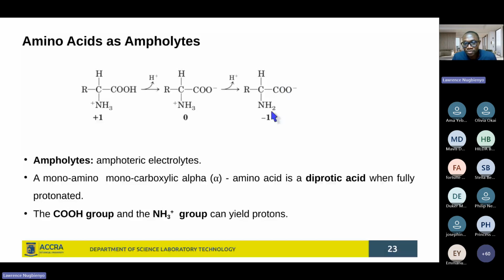That charge will be coming from the carboxylic acid group. So we have seen clearly that, yes, a fully protonated amino acid can yield 2 hydrogen ions in this manner. And because of that, we refer to it as a diprotic acid.